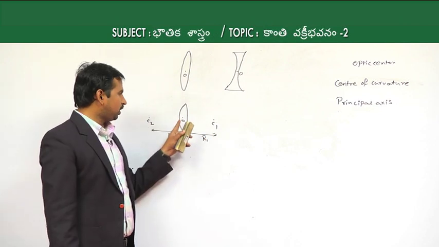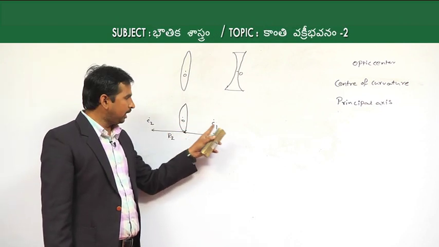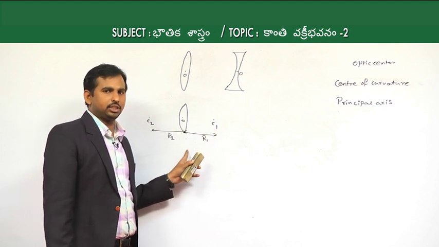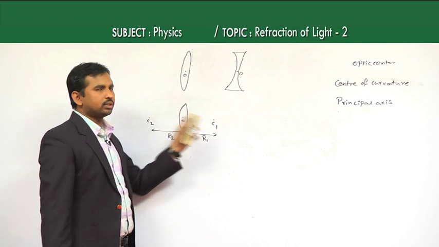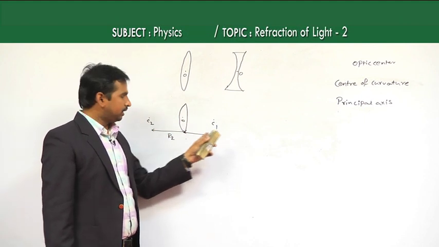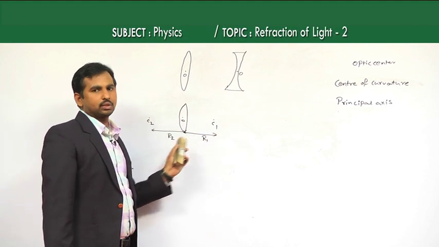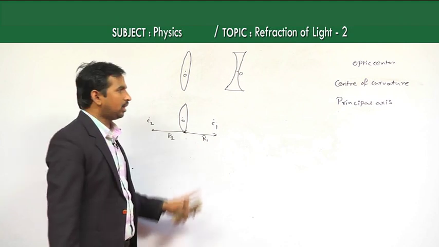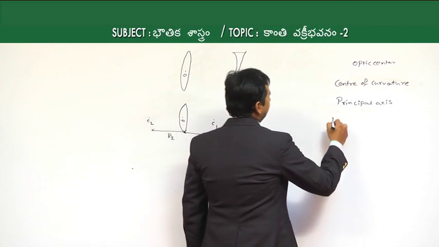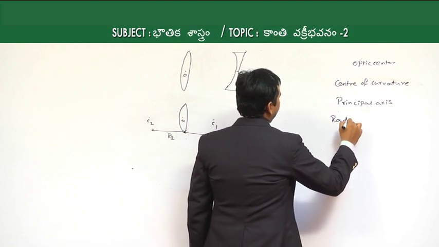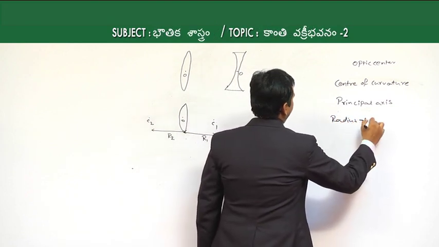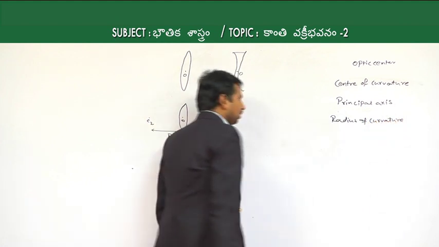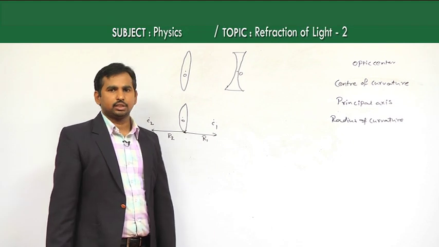The distance between the optic center and the center of curvature is called radius of curvature. As we have two centers of curvature, we have two radii of curvature, R1 and R2. That we call radius of curvature.